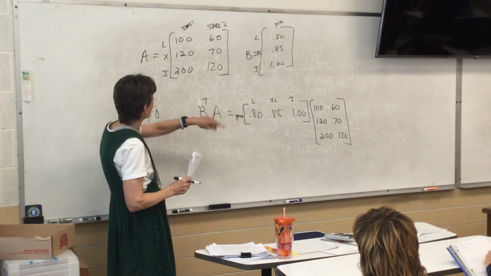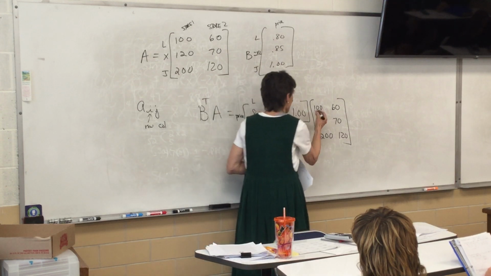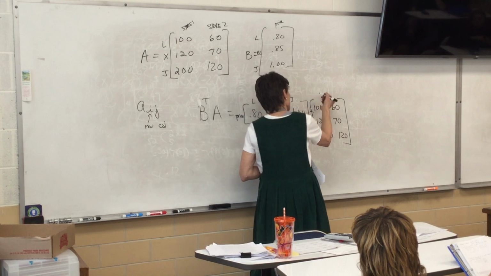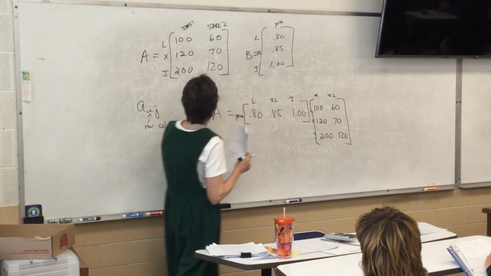In matrix A, we said that the columns represent the type of eggs. So this is large, extra large, and jumbo. And these were the store types. So this is store number 1 and store number 2. That hasn't changed, right?